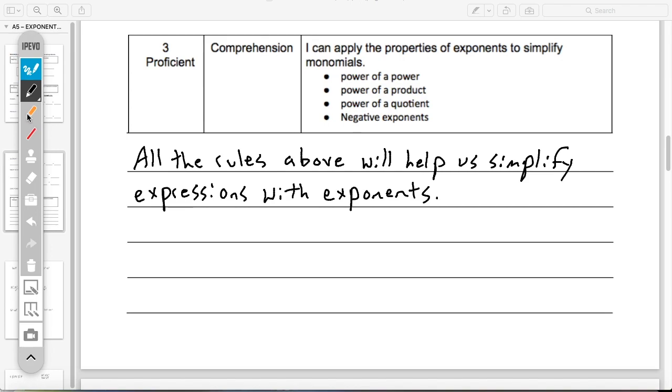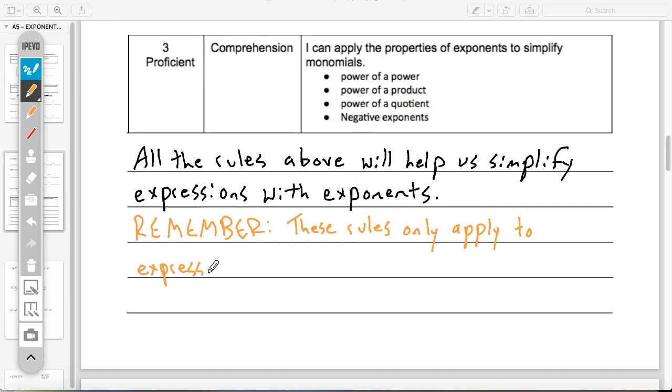Okay, so something to remember. Let me change color here. Okay, these rules only apply to expressions with similar bases.